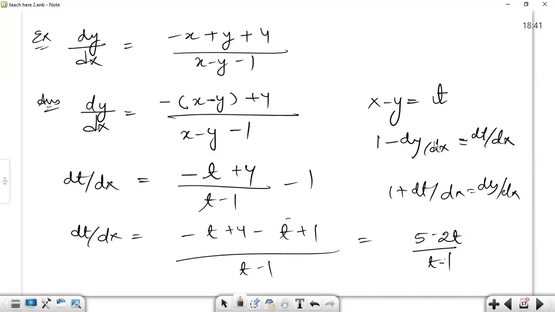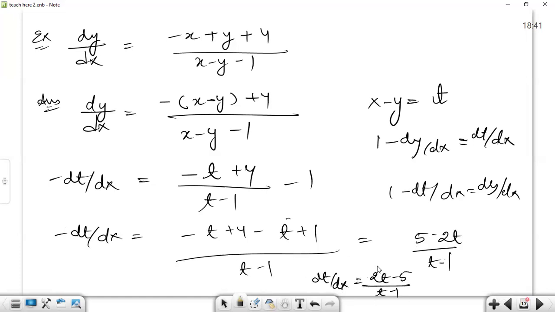So for finding the value of dy over dx, it will have a negative sign here. So this is negative, this is negative. Now further, we can write dt over dx as (2t minus 5) upon (t minus 1). We have removed the negative sign.